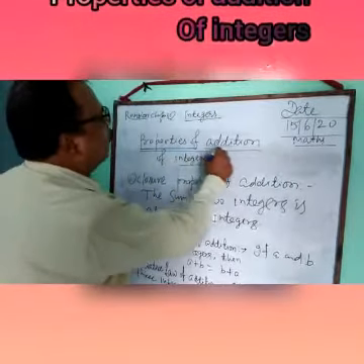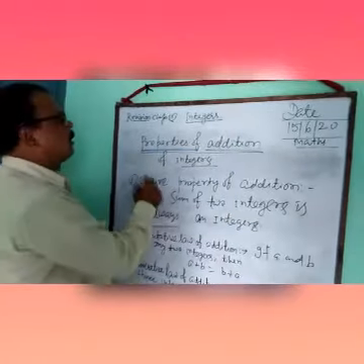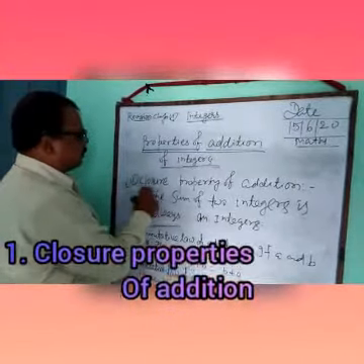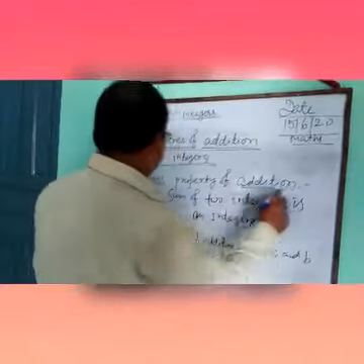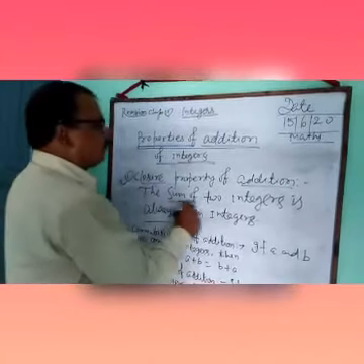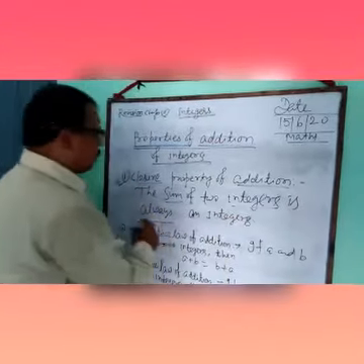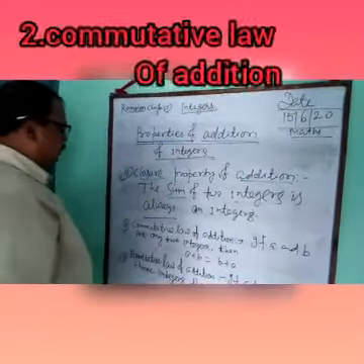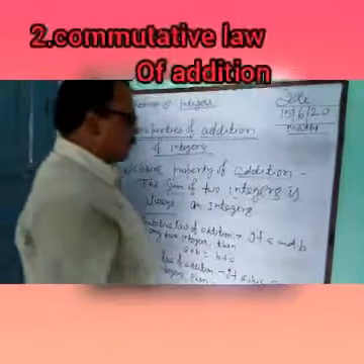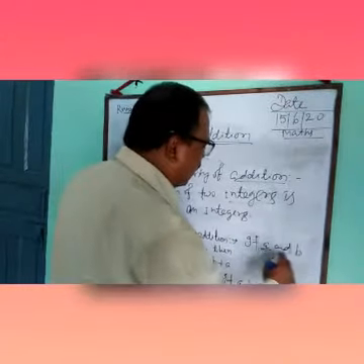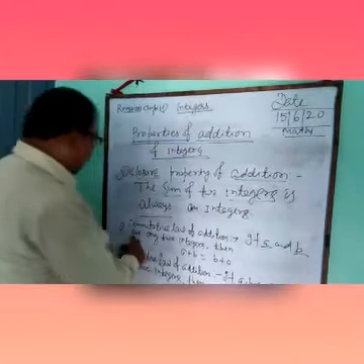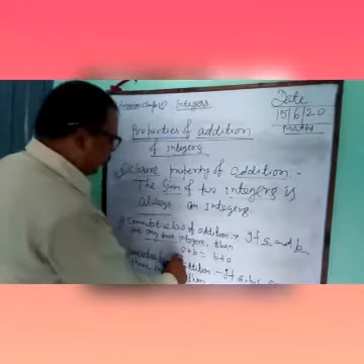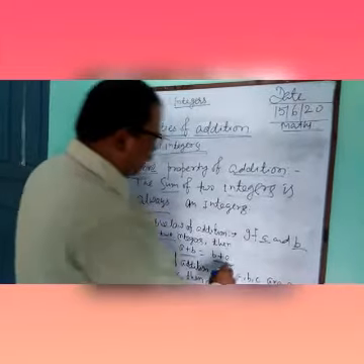Properties of addition of integers. First, closure property of addition: the sum of two integers is always an integer. Second, commutative law of addition: if a and b are any two integers, then a plus b is equal to b plus a.